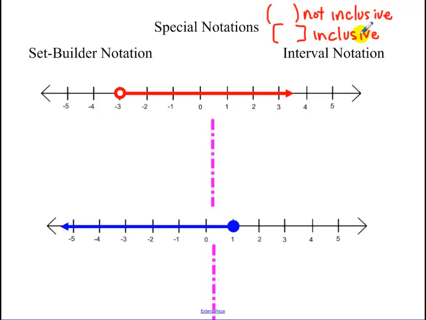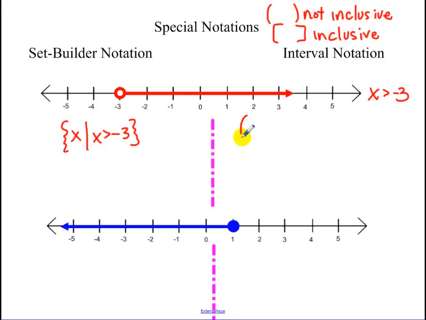So looking at this inequality, x is greater than -3. As we already talked about, in set builder notation it's x such that x is greater than -3. Set builder is kind of easy because all you have to remember is these types of brackets. Now, in interval notation, you're giving me essentially the interval for x.